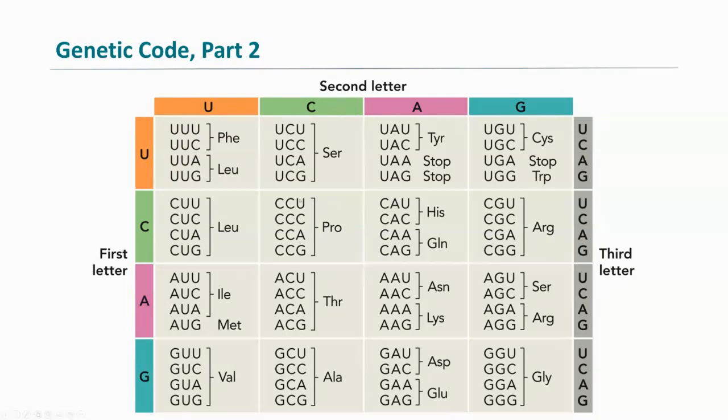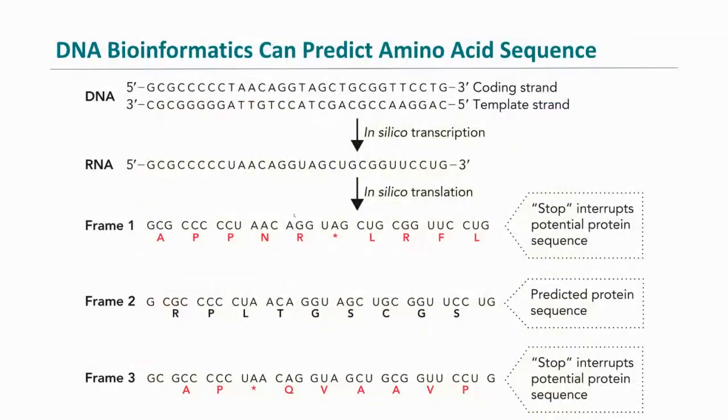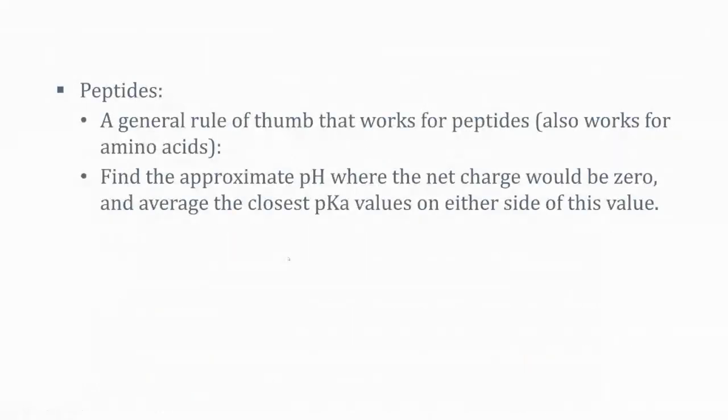That's the wobble effect, because the tRNA, when it brings in the amino acid, is able to recognize these four nucleotides with the same tRNA, and so that gives you the protein. And then DNA bioinformatics can predict the amino acid sequence. Basically, from the DNA and RNA, using the triplet genetic code, we can predict the amino acid sequence.